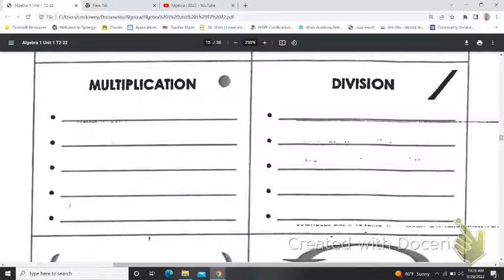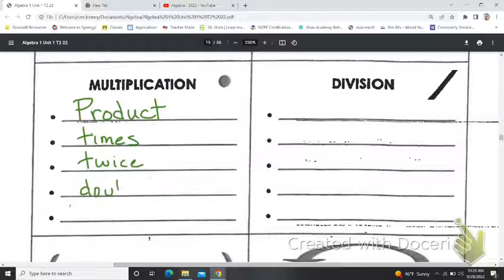So for multiplication, some of our keywords that would tell me that I need to multiply would include, if I see the word product, because product is the answer to multiplication. Times, twice, which means 2 times.